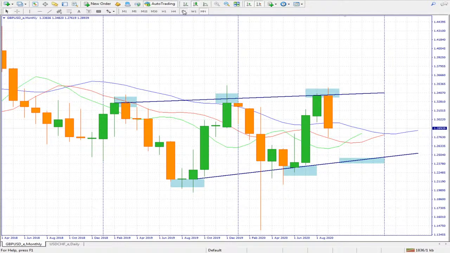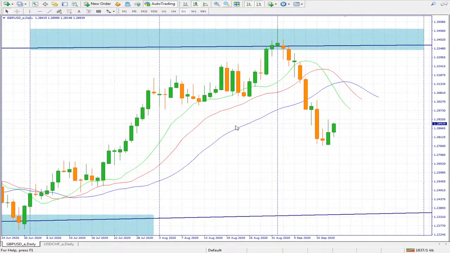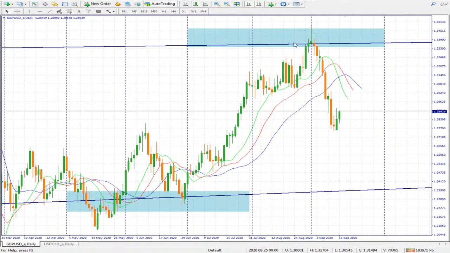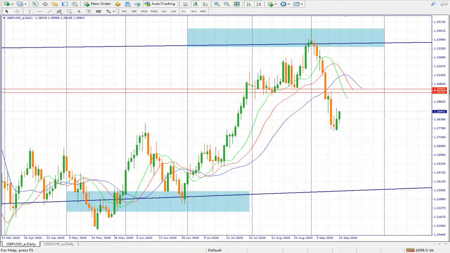If you check the daily chart on this side, you can see that whatever I'm saying, we had a sell from this point here, which was a good sell. Somehow the price is pulling back up. If the price is indeed to continue up, then this is the correct place to look for a sell from. We have 1.30493, 1.30250.